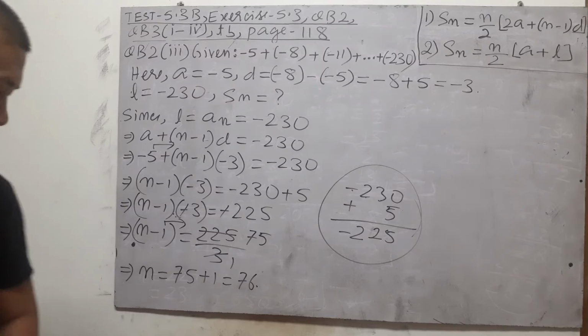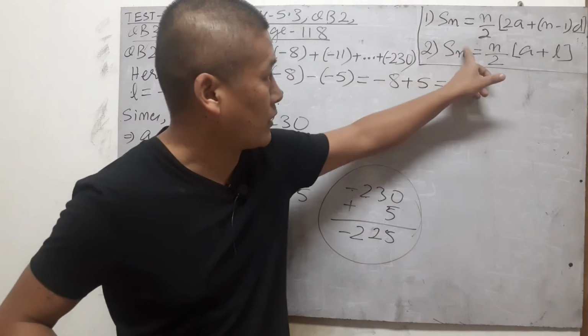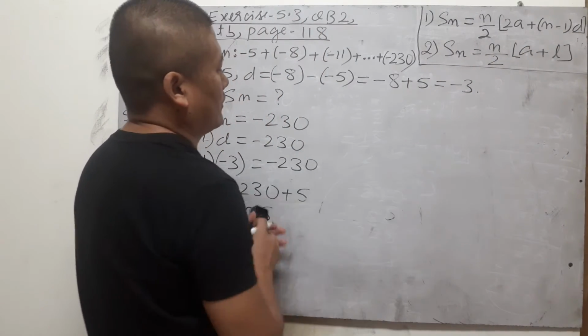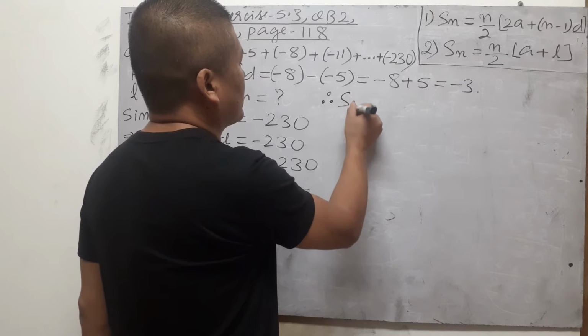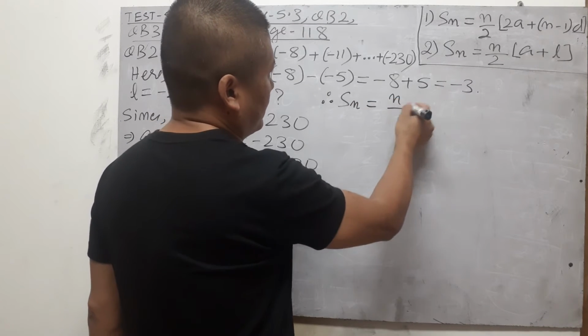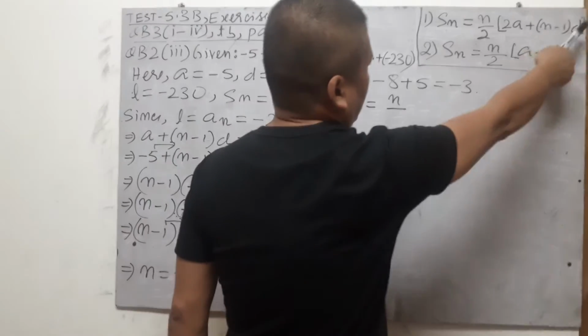We have now n, a and l. So we can use this formula to find Sn with n, a, and l. Therefore, the sum of all the terms of this given AP is, we're using the second formula because a and l are given. When a, n, and d are there, we use the first.